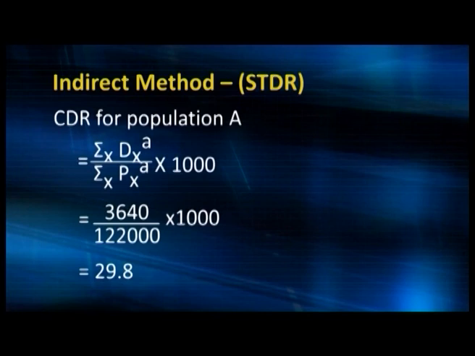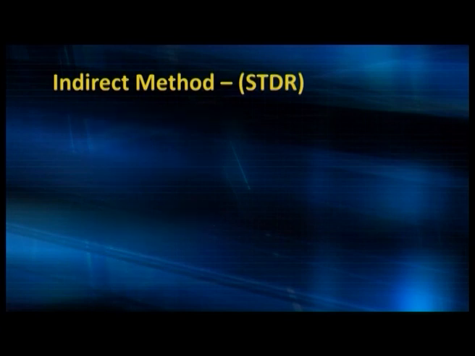The crude death rate for population A is equal to summation x, deaths of population A divided by summation x, population of A into 1000, is equal to 3640 divided by 1,22,000 into 1000, is equal to 29.8.